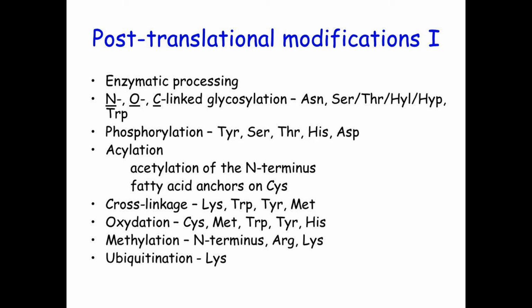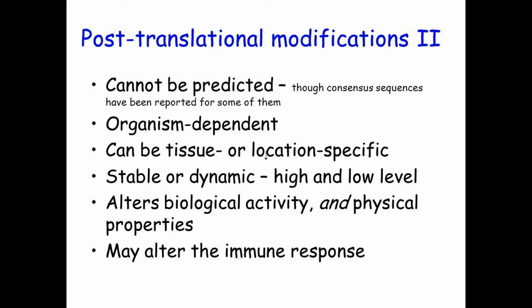And notice that specific amino acids are prone to specific types of post-translational modification, so not all of them will have the same ones. A lot of these patterns of post-translational modification are pretty organism dependent and tissue or location dependent. And they're also dynamic. They can be stable or dynamic. So sometimes they don't change ever, and other times they're moving around and changing all the time.